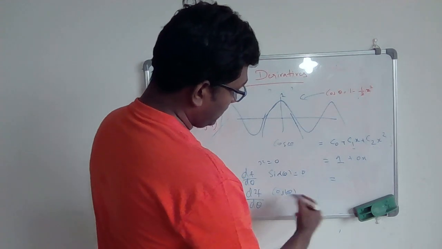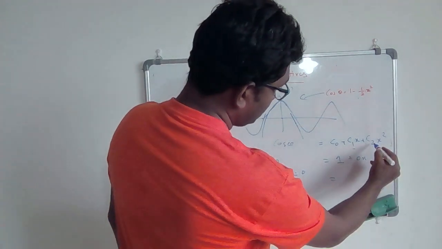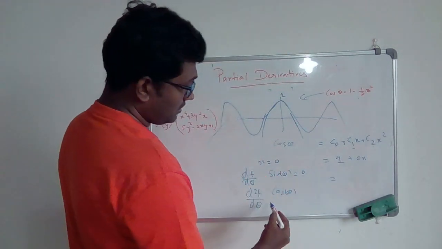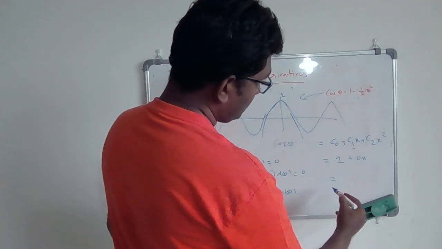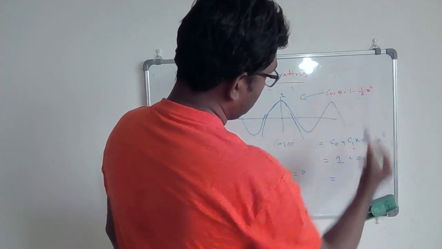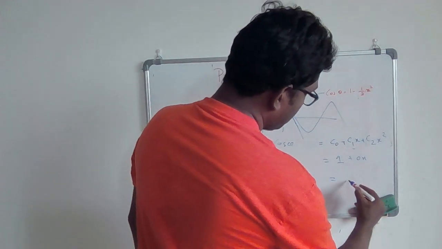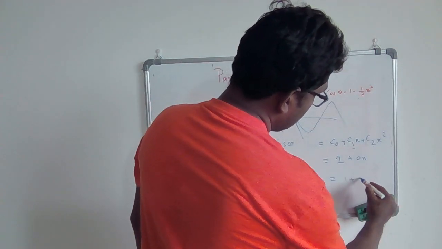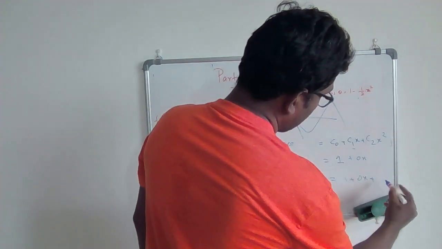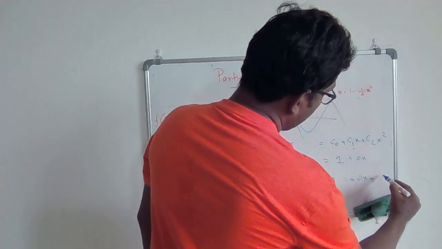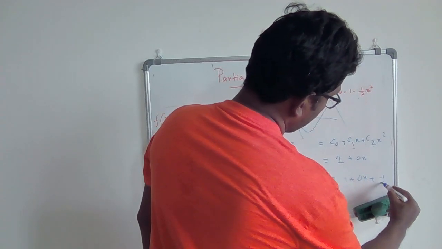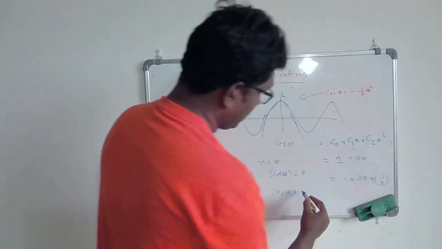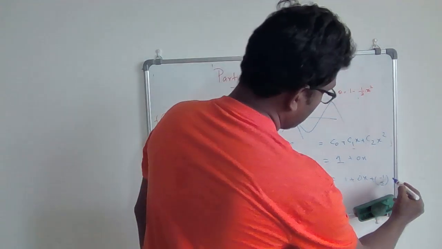To find the second order derivative here, we need x to be minus 1 by 2, so that the value becomes minus 1.